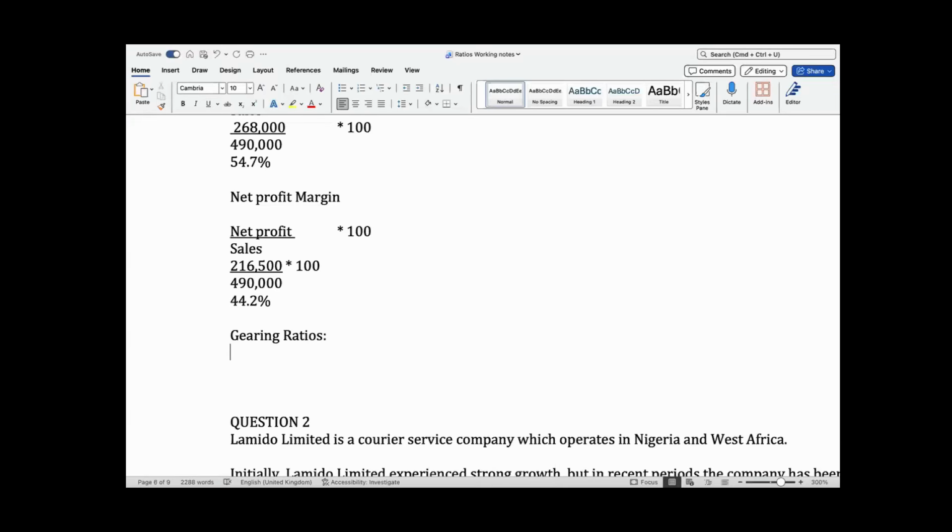My gearing ratio is fixed interest debts over fixed interest debts plus equity, times 100.